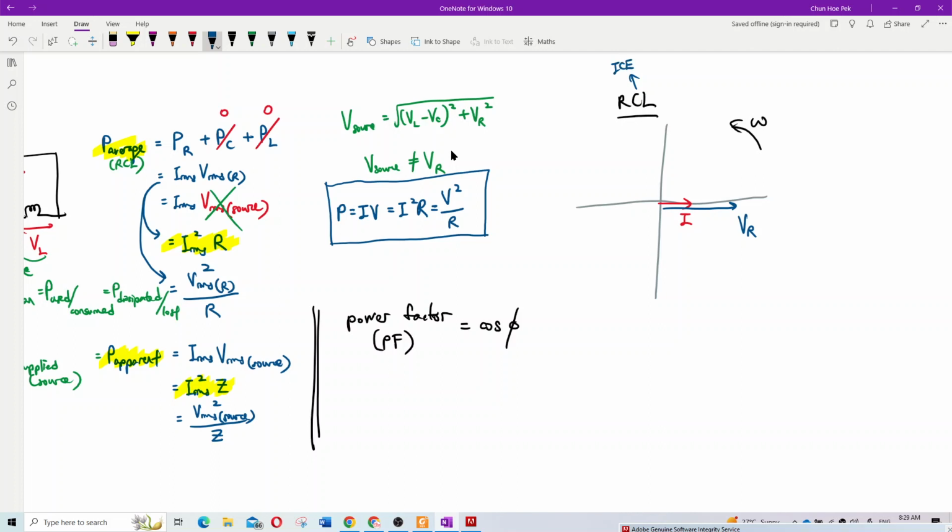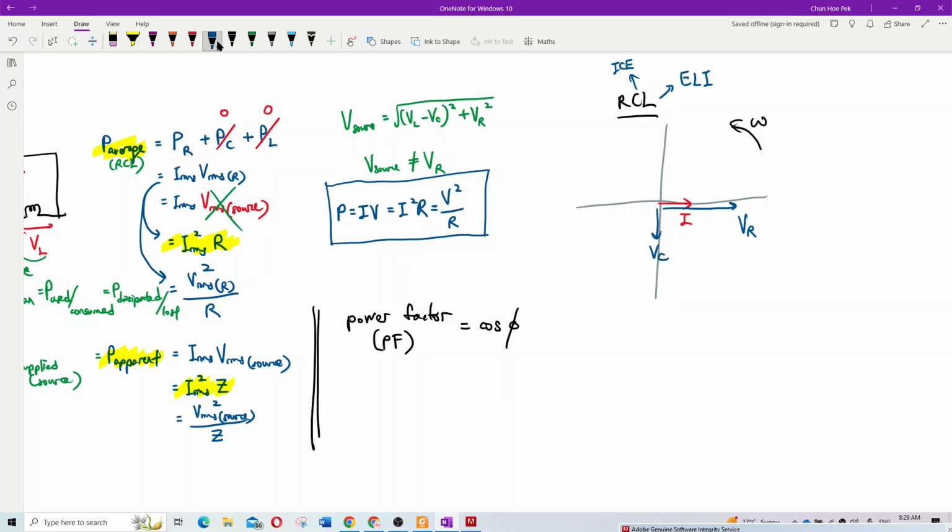Remember ELI the ICE man? For the capacitor, who is the boss? Current is the boss, so current must be in front, so VC is at the bottom. VC over here.